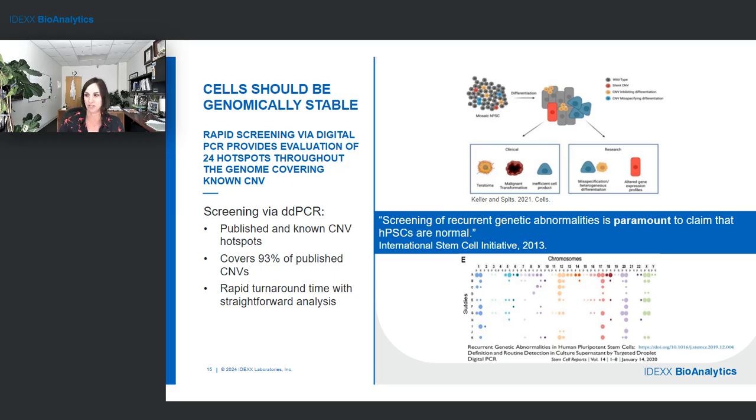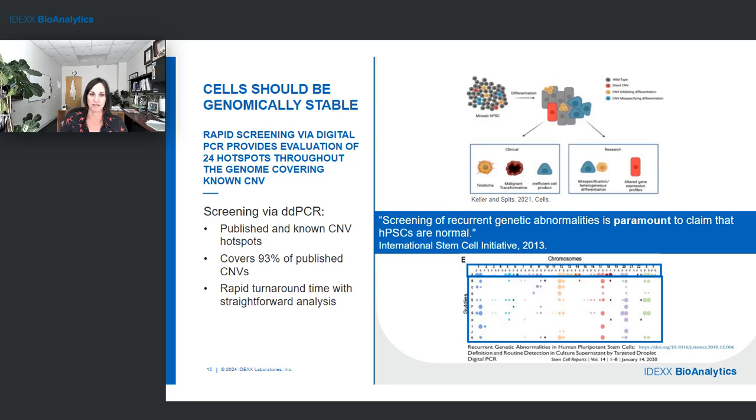In this publication down below, if you pull the reference, you can see all of the data, but basically in rows B through K, this is a summary of the published and known copy number variants that occur in these cells. And then it's put together here in the top in row A to show the hotspots that are covered by the assay.